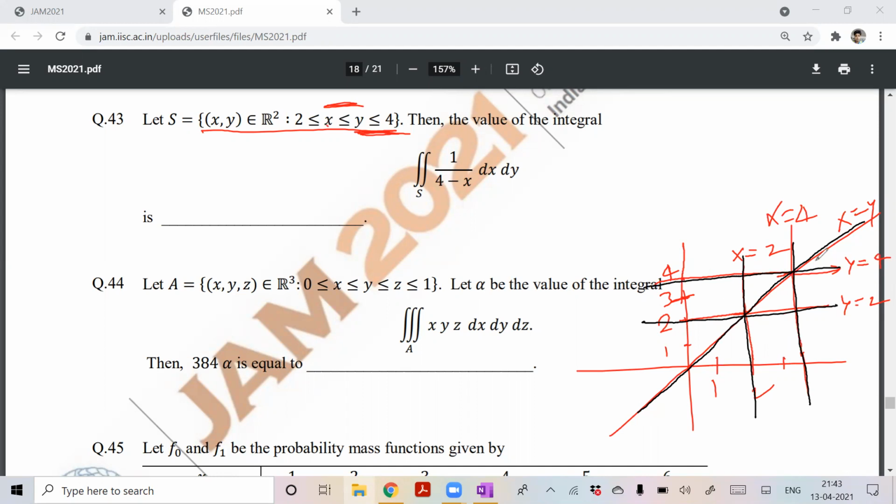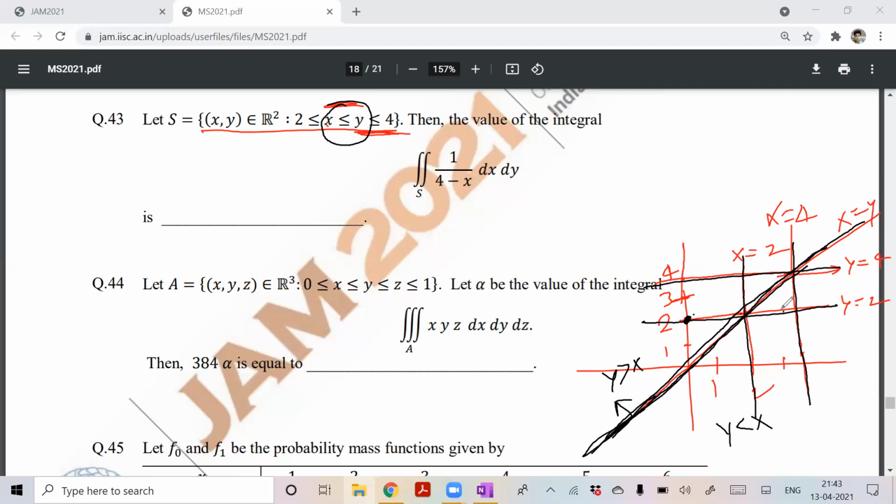Now we have to select the region. Take the point (0, 2): y is more than x, so the region above is y more than x, and the region below is y less than x. We have to take the upper region, y more than x. And x and y both lie between 2 and 4.